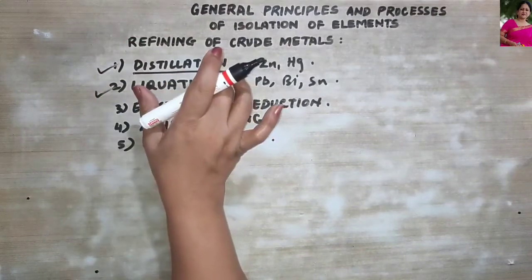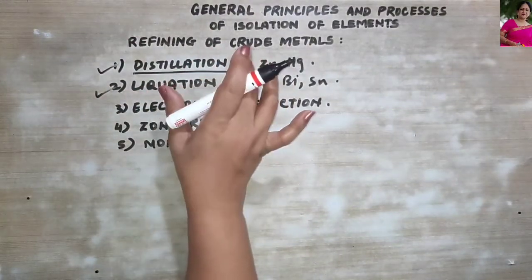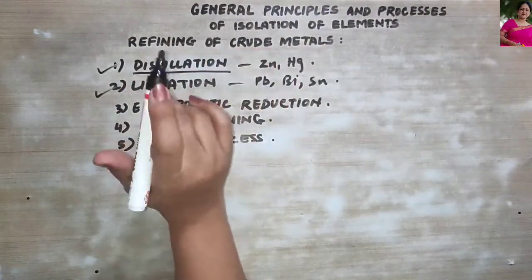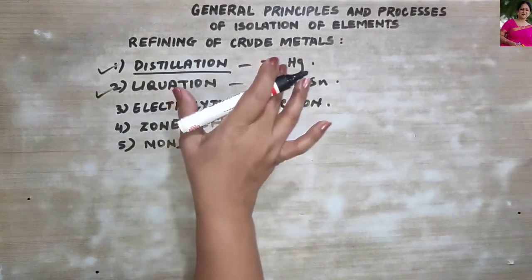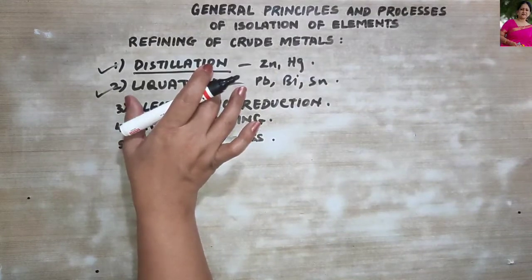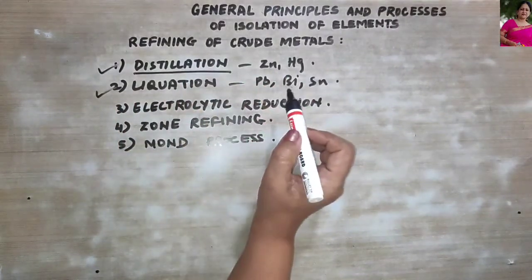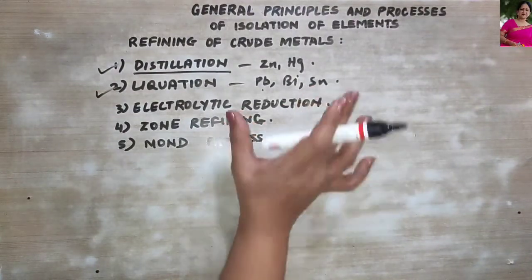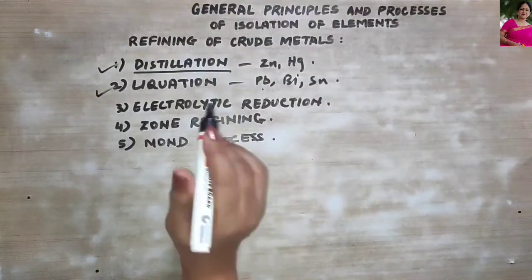So this method is applicable only in those cases where there is a large difference in the melting point of the impurity and the metal. So this refining of the metal by liquation, I hope it is clear. This is preferably for which metals? Like lead, bismuth and tin, which have low melting points as compared to their impurities.